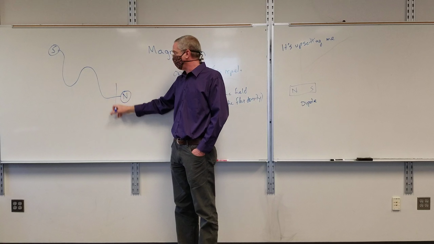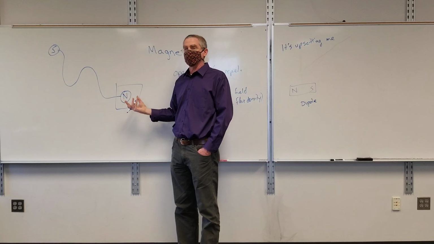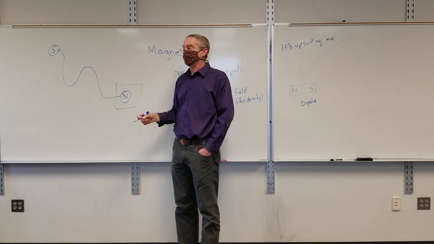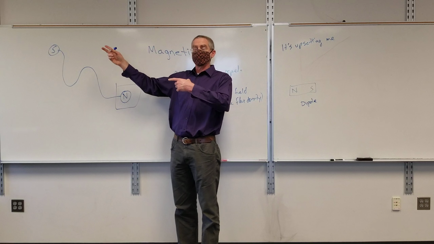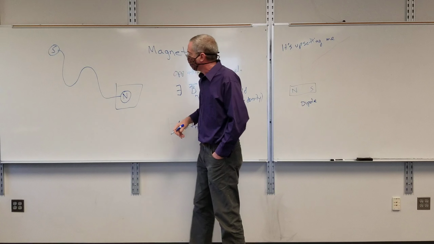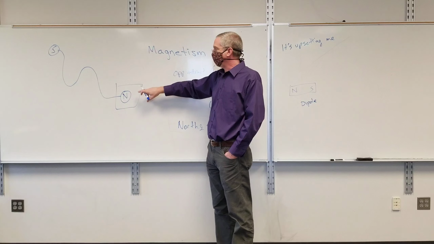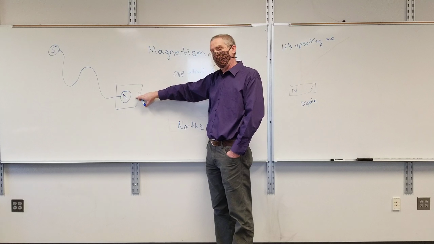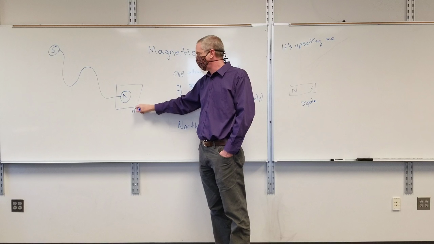So we could look at this and go, oh, there's a north pole, and somewhere else someone might go, oh, there's a south pole here, not realizing that they go together. If this should show up, this is a magnetic monopole.